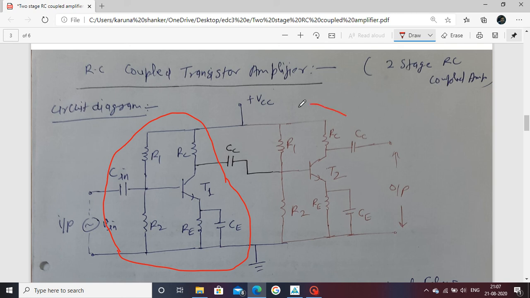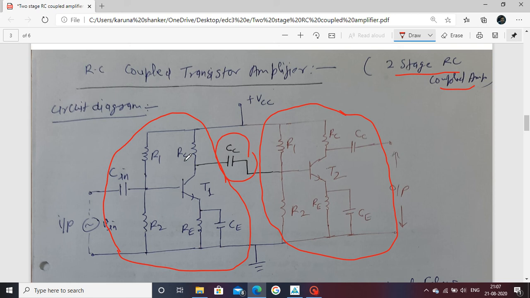Now these two transistors are connected through a coupling capacitor. Now this is called a two-stage RC coupled amplifier, or multi-stage RC coupled amplifier. What does multi-stage mean? Multi-stage means if we use more than one transistor in amplification, then that is called a multi-stage amplifier. A multi-stage amplifier is also called a cascaded amplifier.